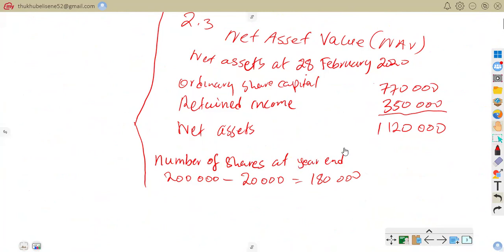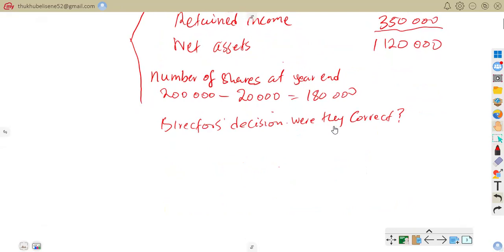What we are going to do when we are writing this is say directors' decision. Were they correct? That is what you're asking yourself. So let us prove whether they were correct or not.